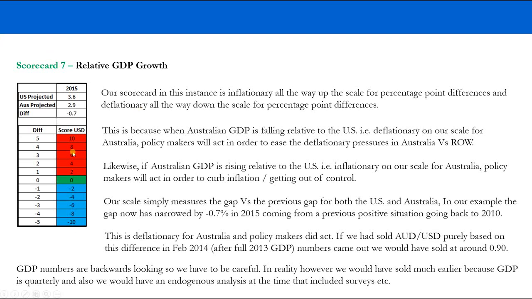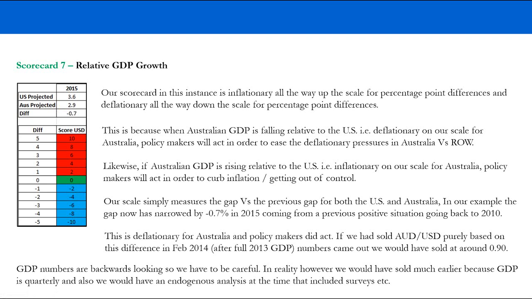So here the scorecard is pretty straightforward. Inflationary all the way up the positive side of the scale, because the gap between Australian projected GDP and US projected GDP is widening in the favor of Australia, and the opposite is occurring, deflationary all the way down the scale here, because Australian GDP relative to US GDP, the gap is narrowing in favor of the United States.